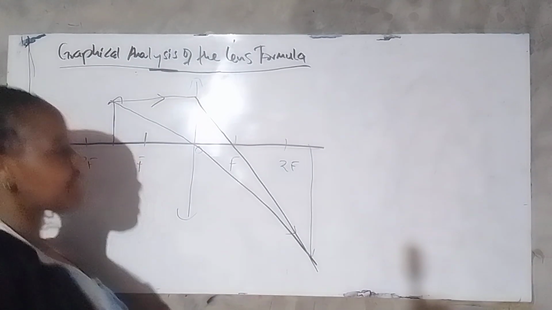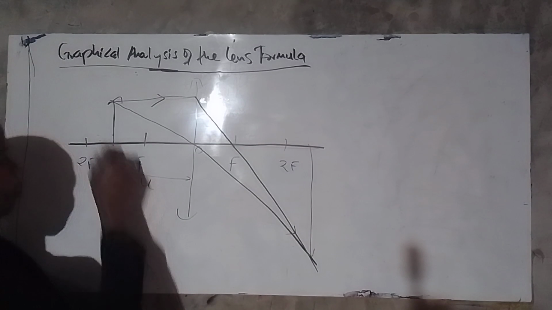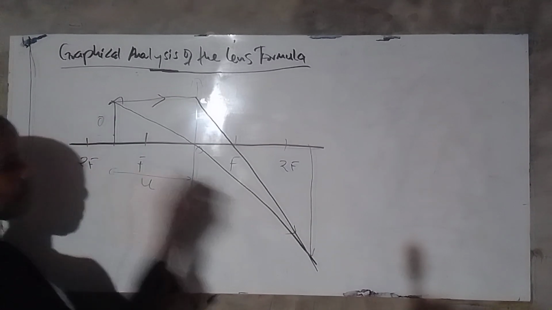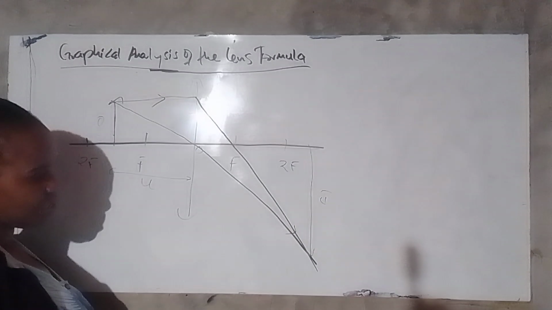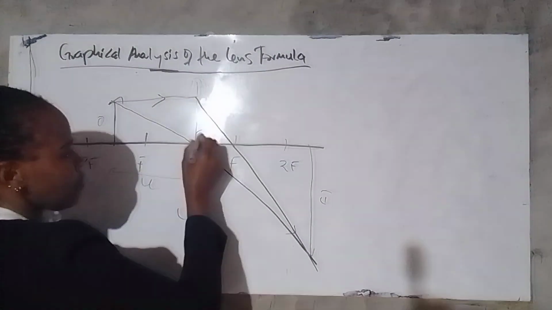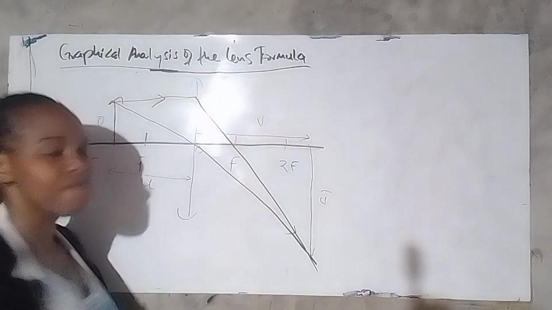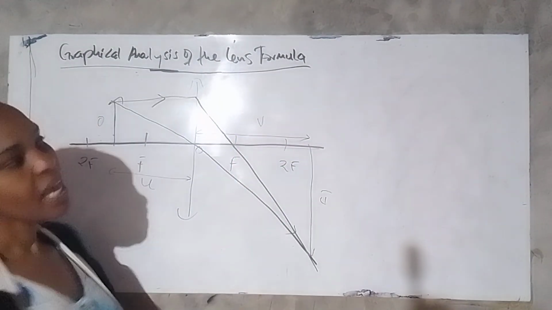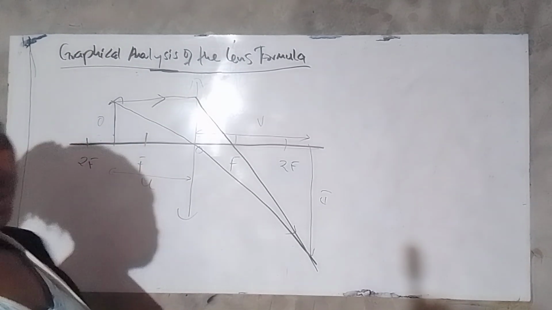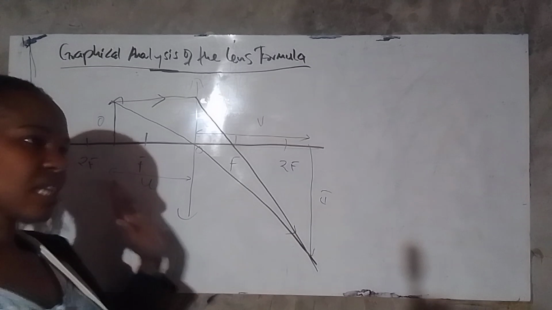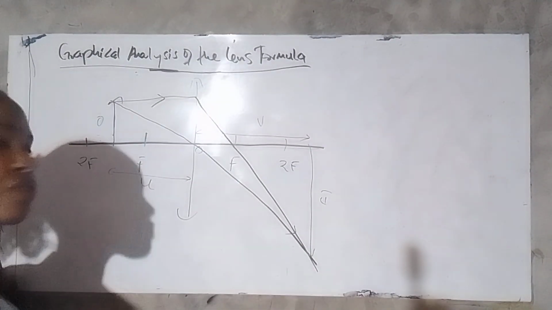We called the distance from the object to the optical center the object distance, U. And the distance from the optical center to the image, we call that distance V. Therefore, we can vary U, by bringing the object closer to the lens or by moving it away from the lens.